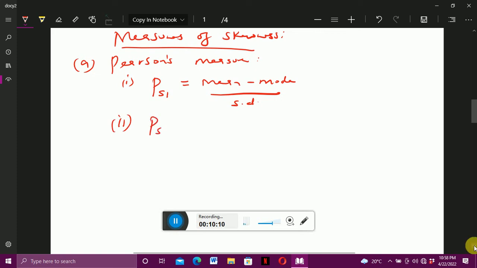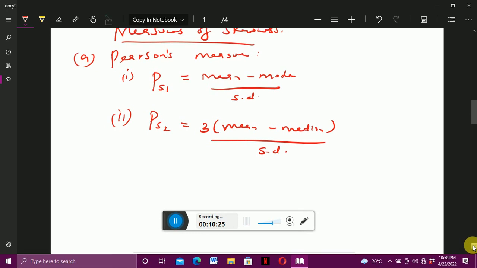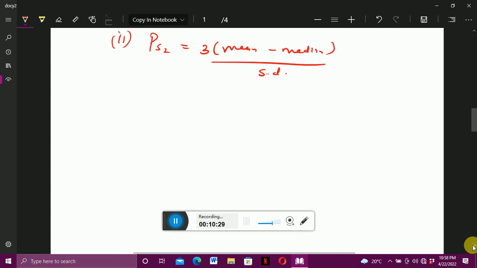We have a second Pearson's measure. We write it as PS2, given by 3 times mean minus median over the standard deviation. So that is the second Pearson's measure of skewness.